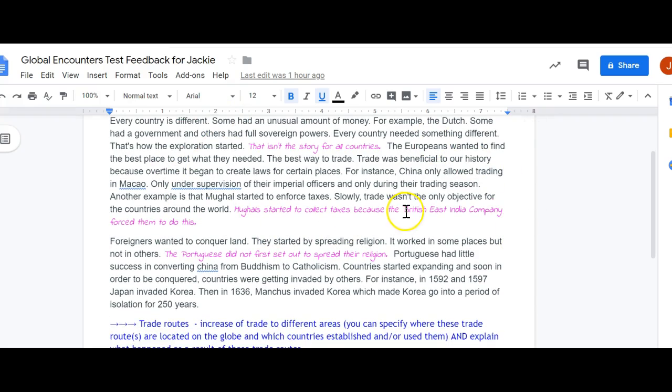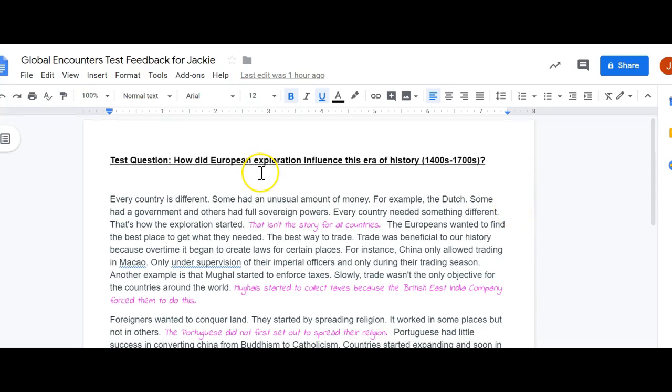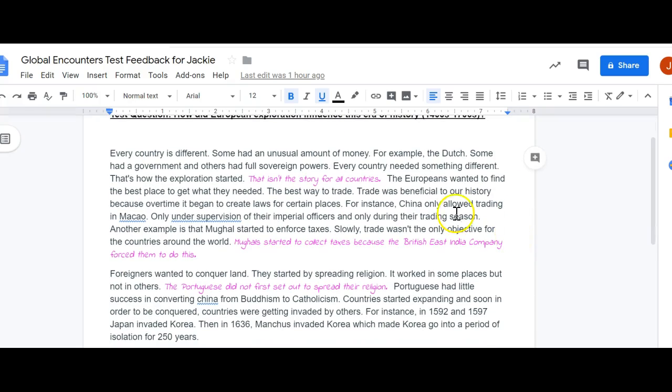Now, I believe what you are trying to get to here, your first example of European exploration and how they influenced this era of history, was about new laws. So I actually get a little bit confused here. You were talking about the enforcement of taxes that was pushed by the Mughals.